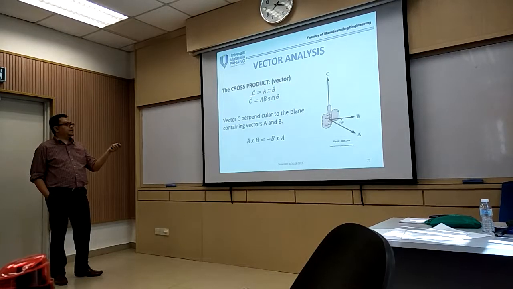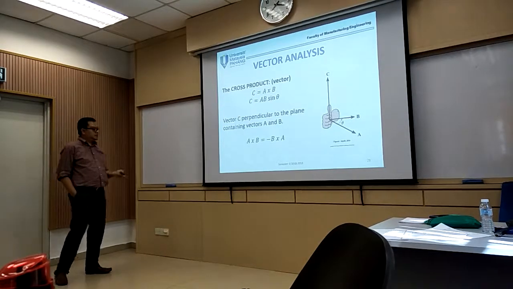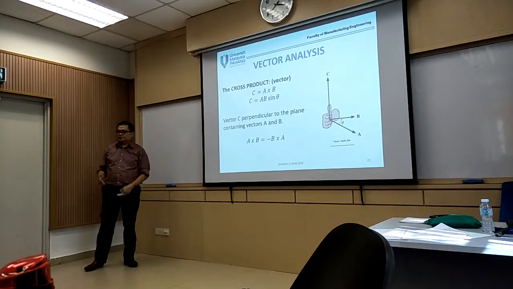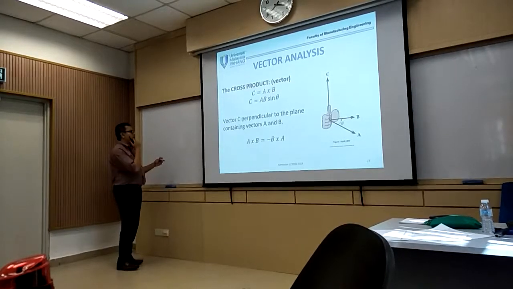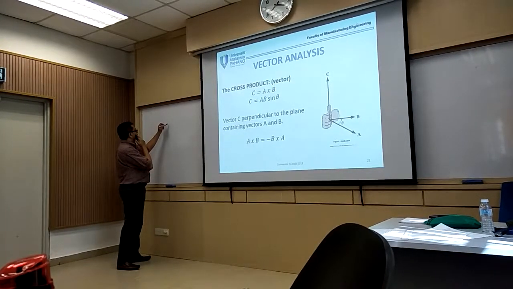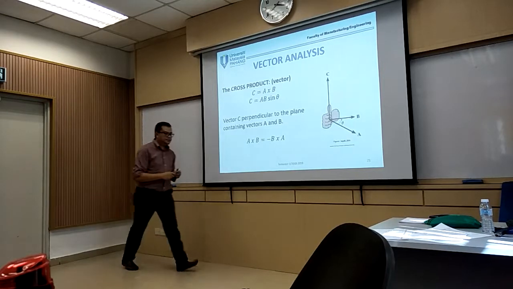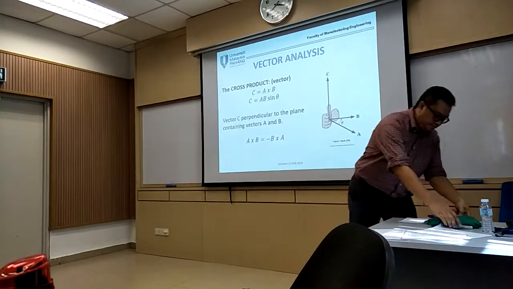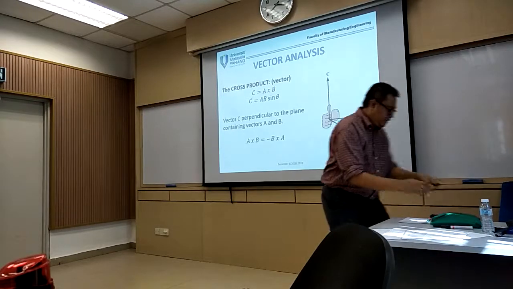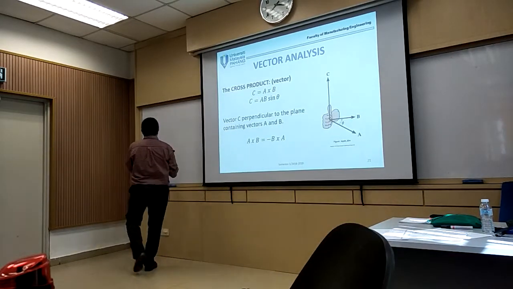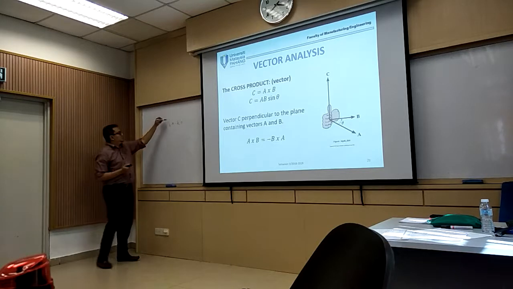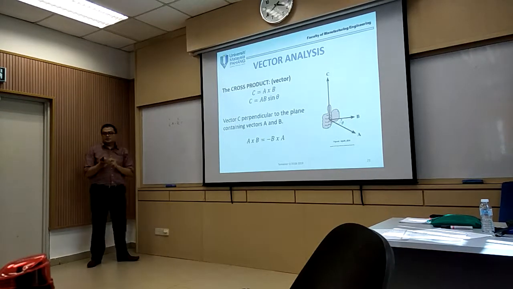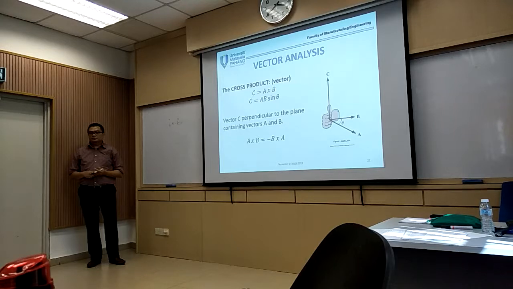Then how do we define the direction of c? You know, right hand rule. Okay, so right hand rule. Let's say we have j cross minus k, what will be the result? j cross minus k.